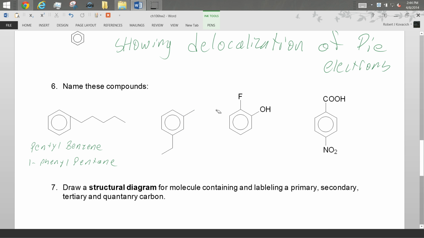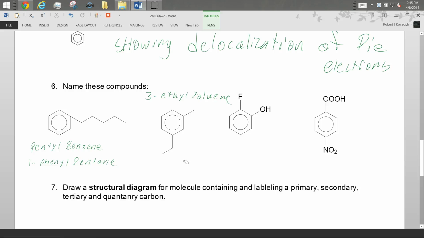Okay, so there's lots of names for this one. Somebody want to give me 1? 3-ethyl toluene. So what John said is, if I cover up this ethyl group, what I'm seeing is a toluene. And then relative to that methyl group on that toluene, I move 1, 2, 3 carbons over, and there's a 2 carbon chain there, so that's an ethyl.